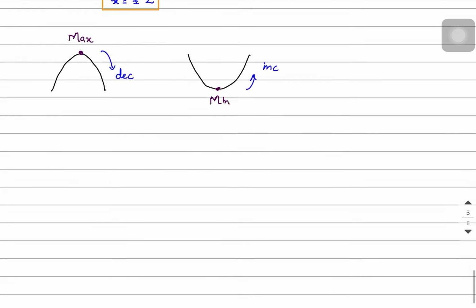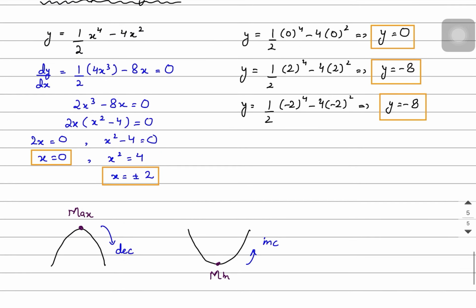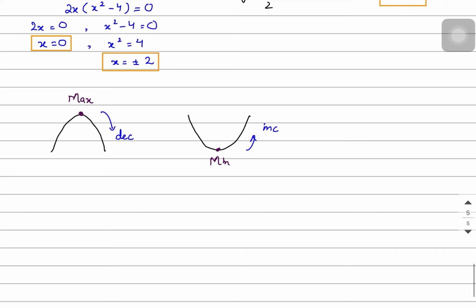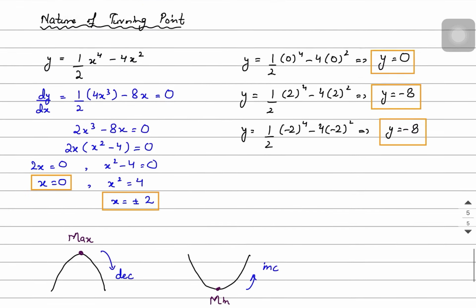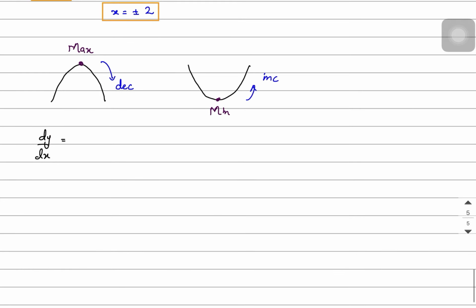Now there comes a double derivative. What is a double derivative? Let's say I have the derivative. My derivative was 2x cubed minus 8x. I need to find out the second derivative, that is d over dx of dy by dx.